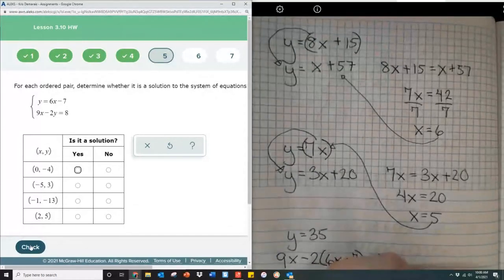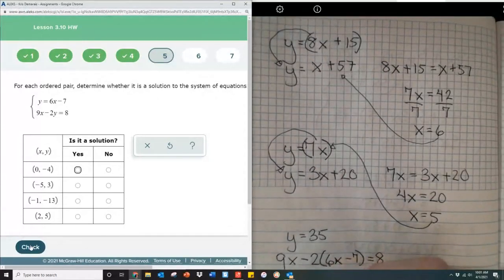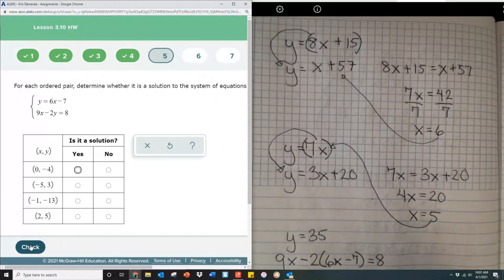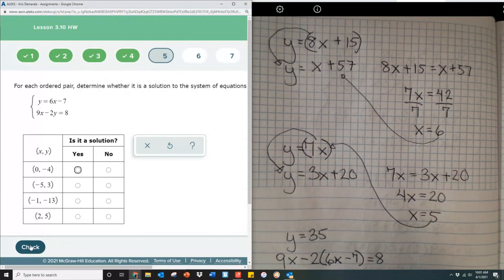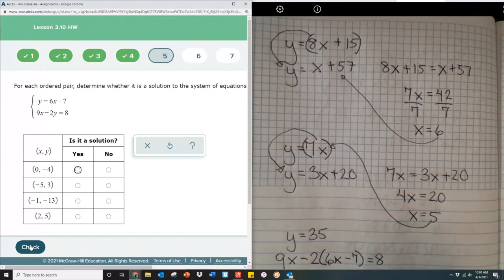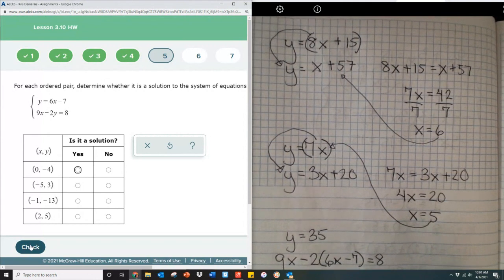And now I'm going to go ahead and do the distributive property. Add. All right, add these two together. And then go ahead and subtract 14 from both sides. And then x equals positive 2.